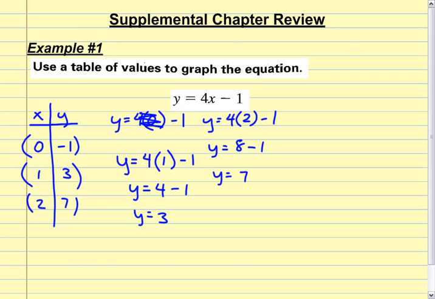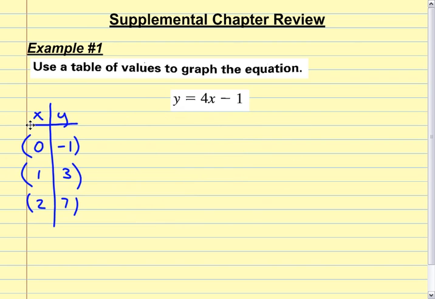Now, Jordan, I'm going to get rid of my work here. Tomorrow you'll have a graph already drawn there for you, just to save you some time. It's a test, it's longer. So your graph will be there, but I'm going to draw the graph here. You gave us all positive x's, and I'm getting pretty much positive y's. I've got that 1 negative down there.